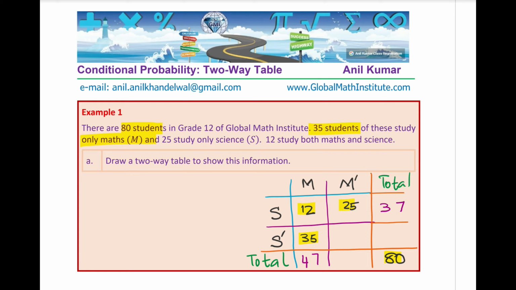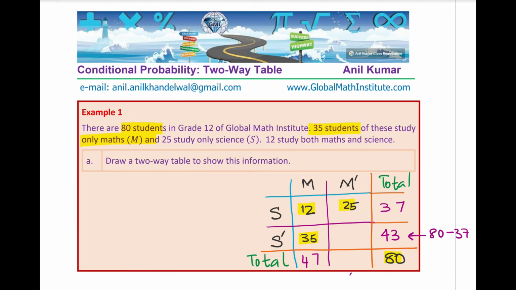You get it, right? So if I do 80 minus 37 in the total, what do I get? I get 43. So now I can write down this number as 43, which is 80 minus 37, correct?